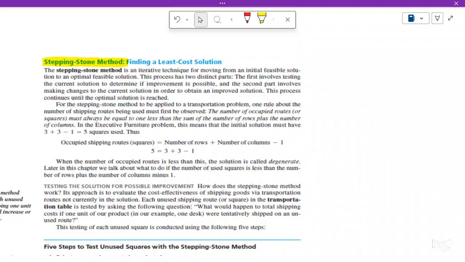Number of rows plus number of columns minus 1. So now 3 plus 3 minus 1. How much is that? That is 5.